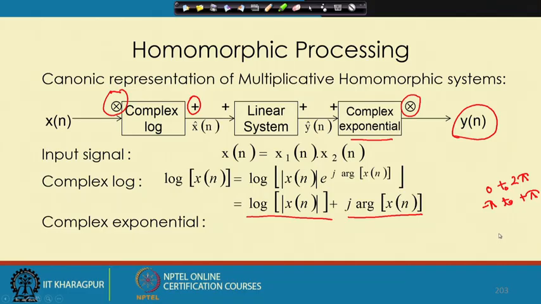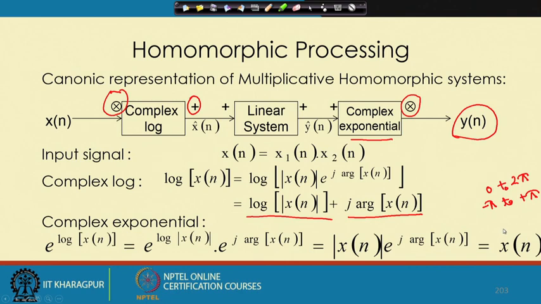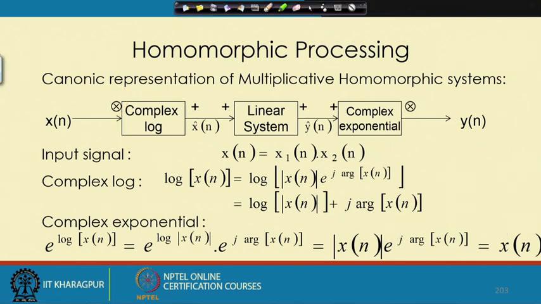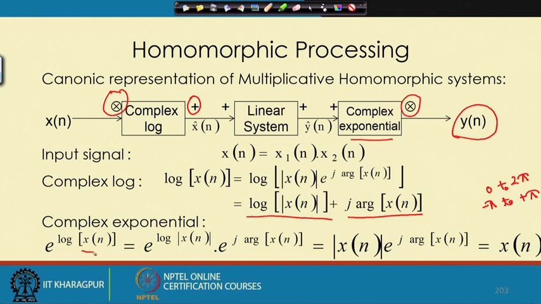So, next we go for the complex exponential. In the case of the complex exponential, we take the exponential of the complex number, that is x n again. We have taken the complex log, and now we take the complex exponential of that.